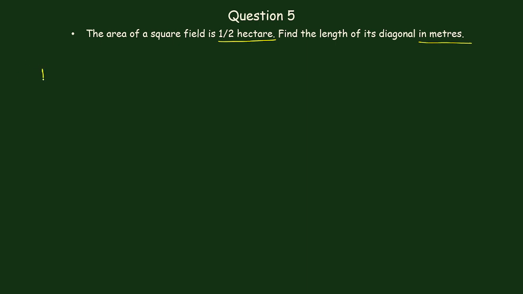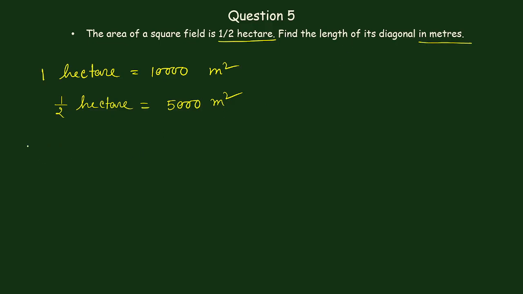So half hectare will be 5,000 meter square, right? If 1 is 10,000, half will be 5,000.